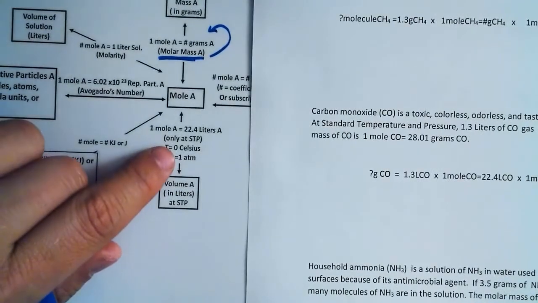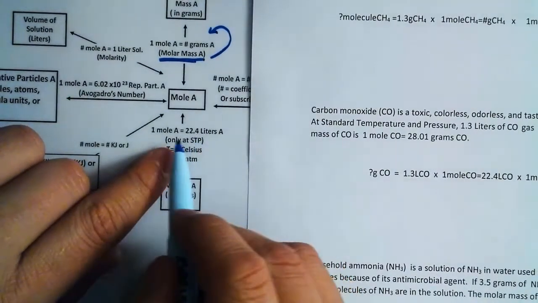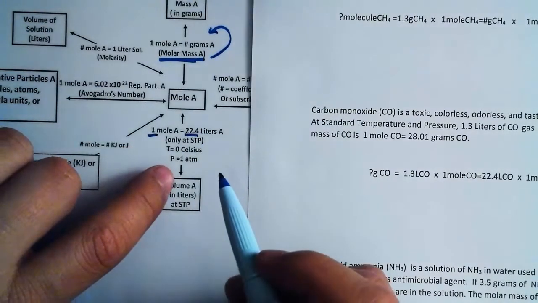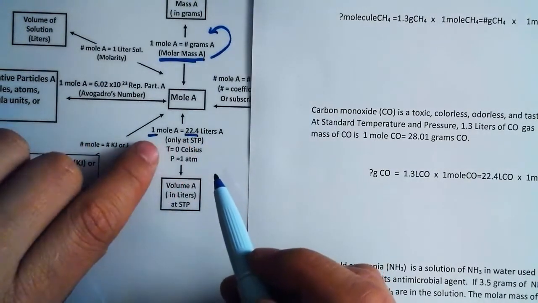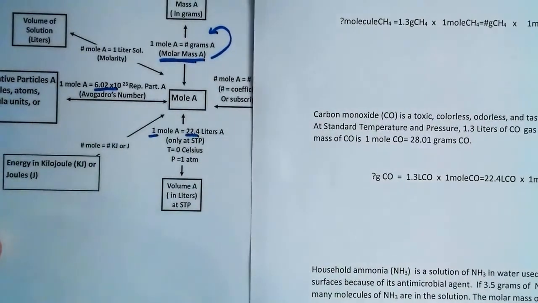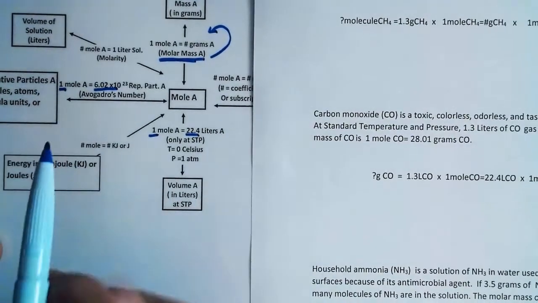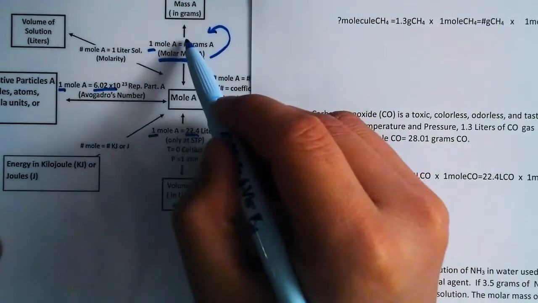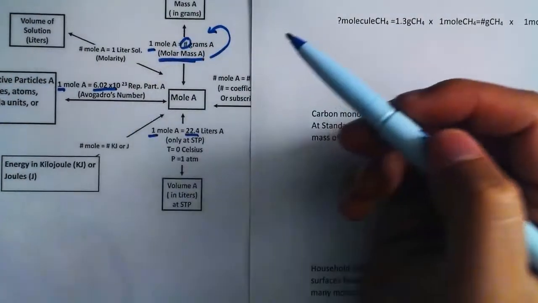Do you see that they all have numbers in front of each measurement? Here we have 22.4, this one has 1 mole, here we have 6.02 times 10 to the 23rd, and here we have 1. Except for this one, where we have 1 mole but a generic number sign.